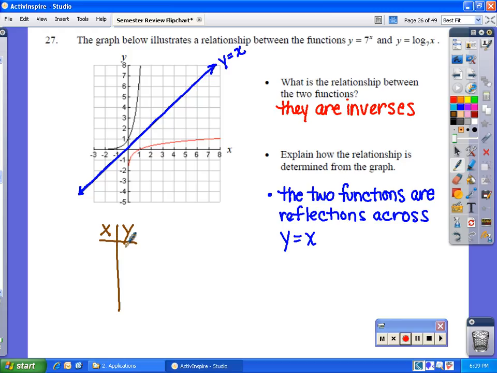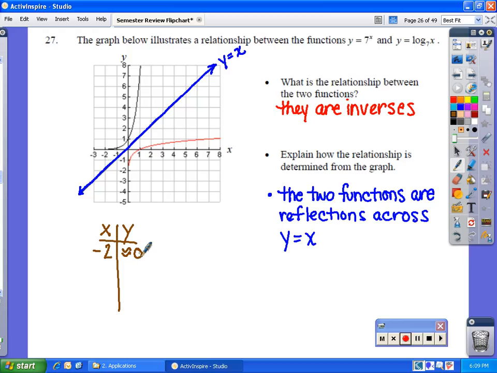If we were to put the value -2 into that function, we would get something very close but not equal to 0. Remember, this graph approaches the x-axis but never reaches it.